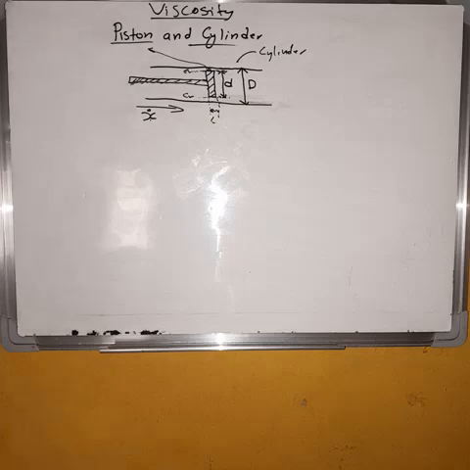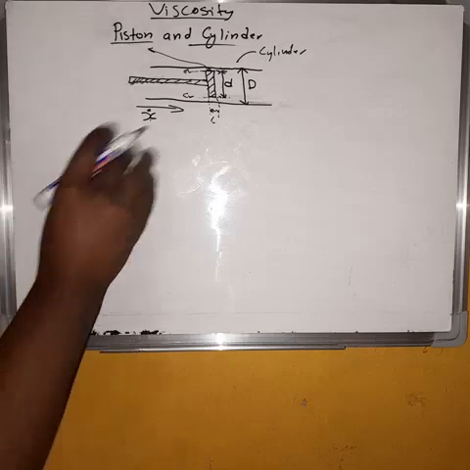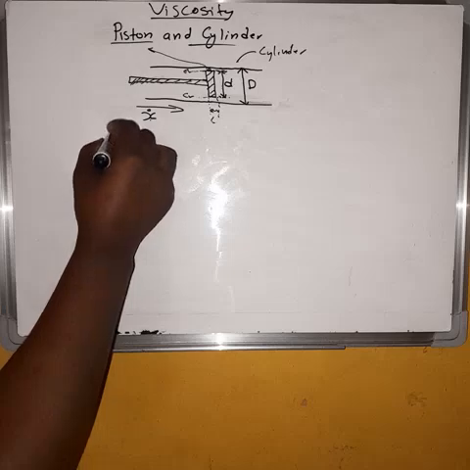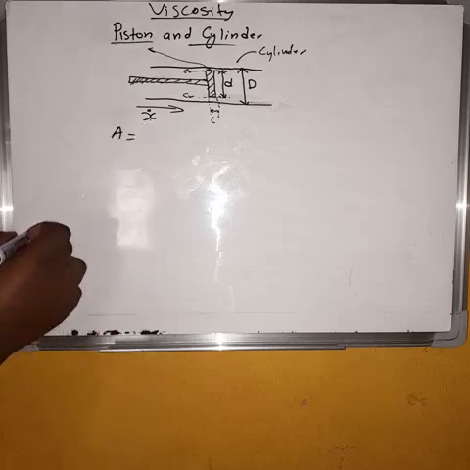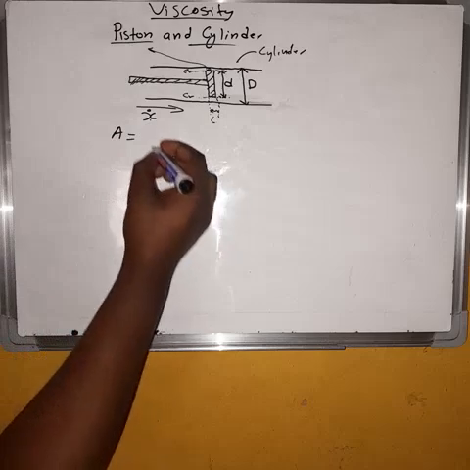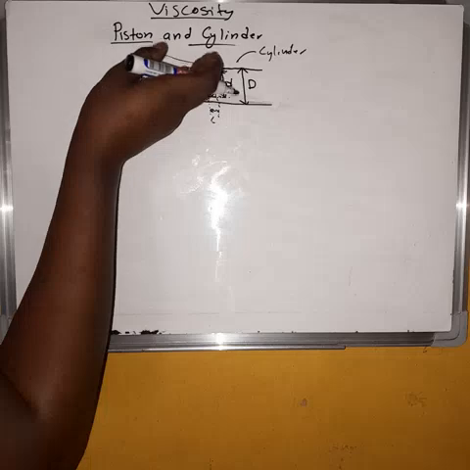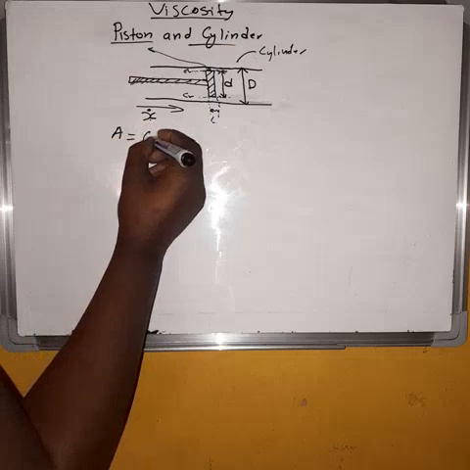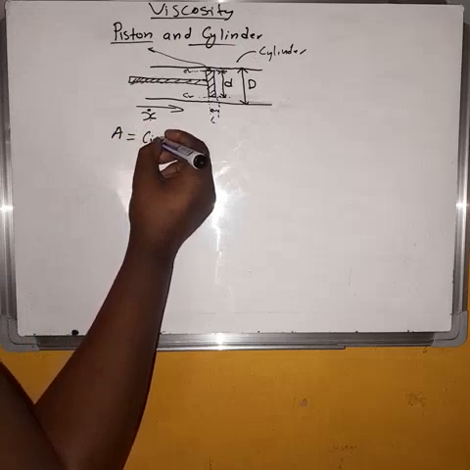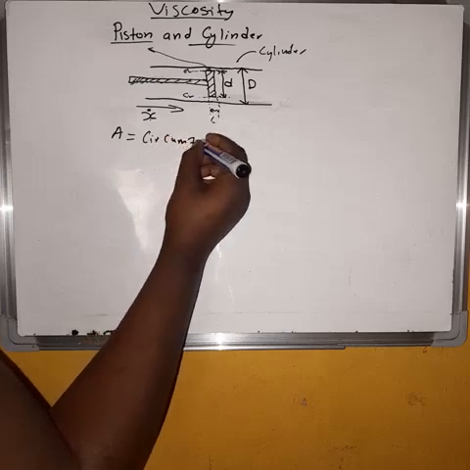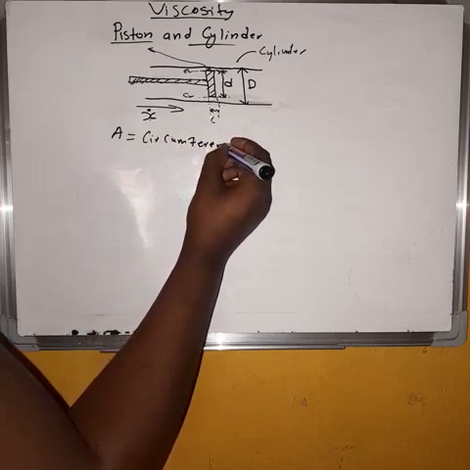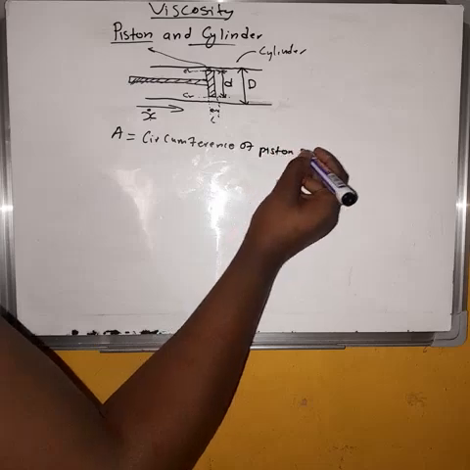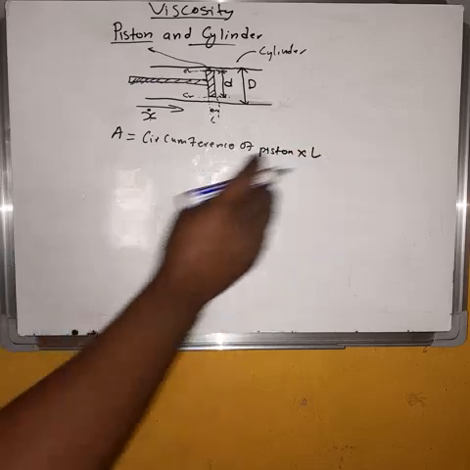Cool. Now if we're given this, we can say we want the area. The area is the circumference of the piston multiplied by its length.